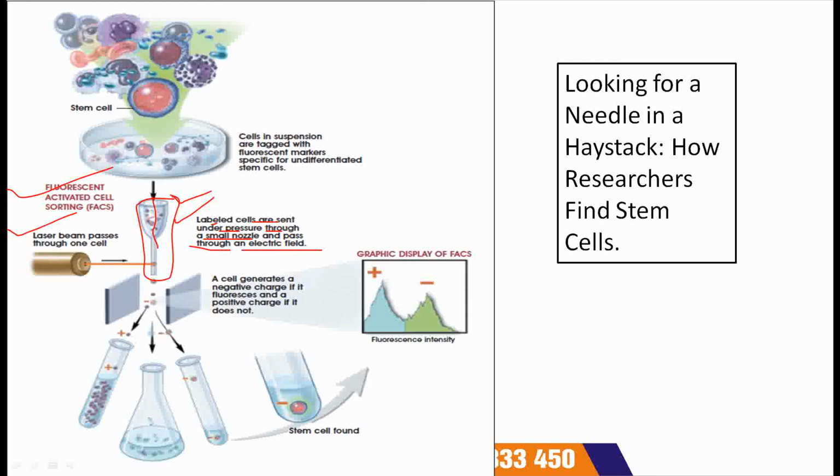Here you can see this is a laser beam. The laser beam passes through one cell; here you can see these are clusters of cells. One by one, a cell comes through the nozzle, and as the cell comes here, the laser passes by this cell. After the laser beam passes, a cell generates a negative charge if it fluoresces, and a positive charge if it does not.